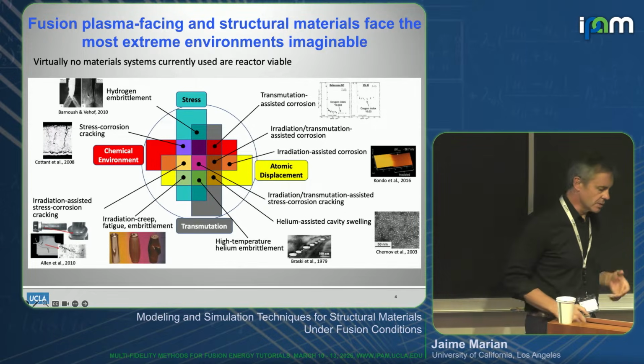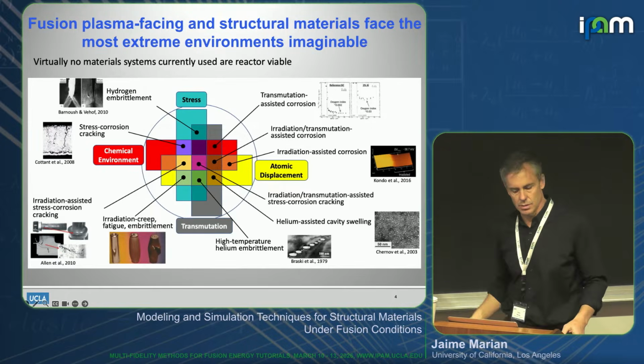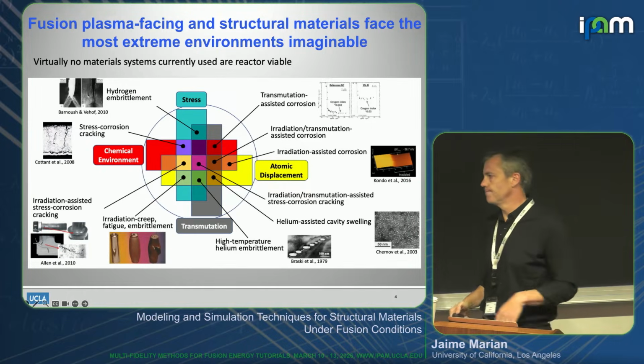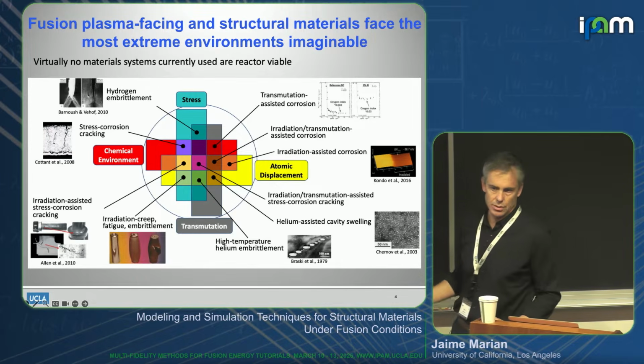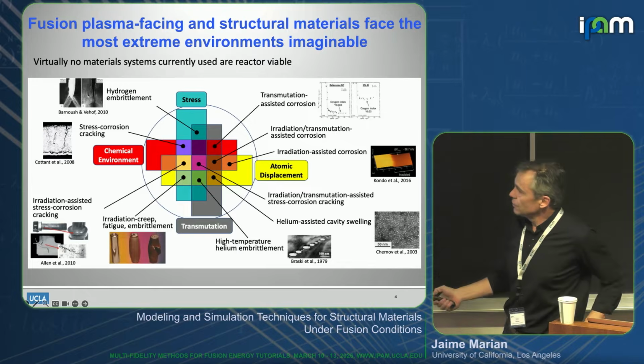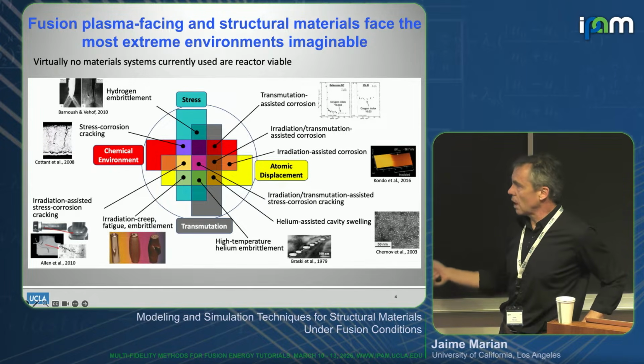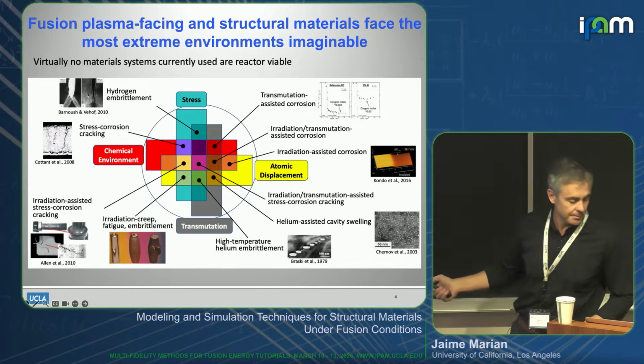Some people would say, oh, it's going to be fracture, or it's going to be corrosion, or hydrogen embrittlement, or irradiation, or ultra-high temperature, ultra-high deformation rate, something like that. In fusion, we have it all. They're all co-operating at the same time.